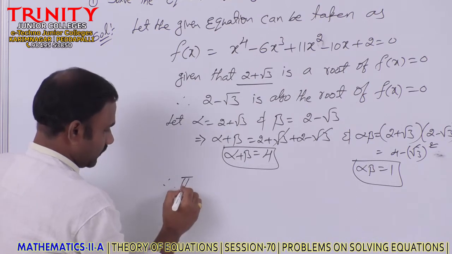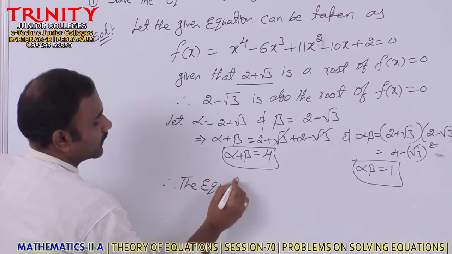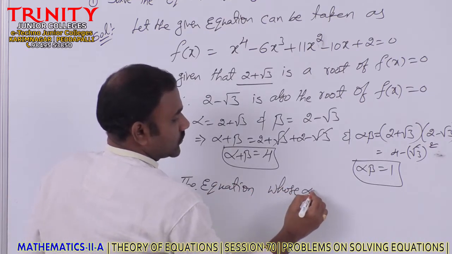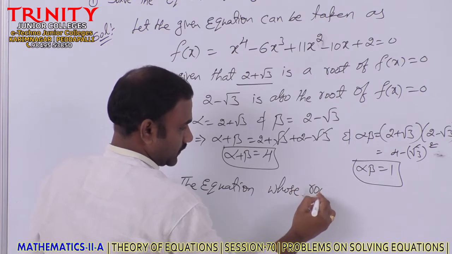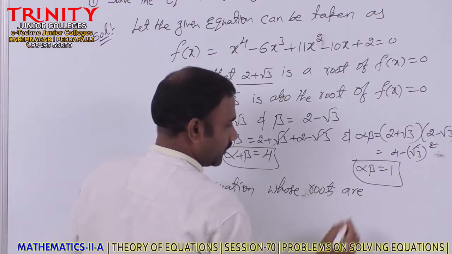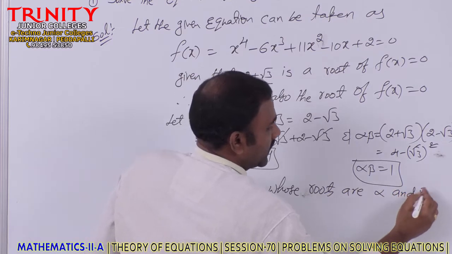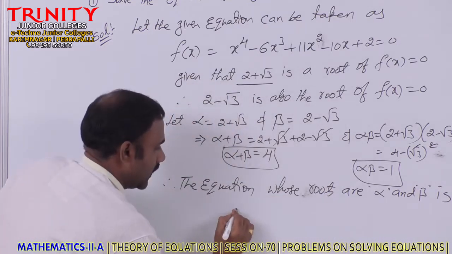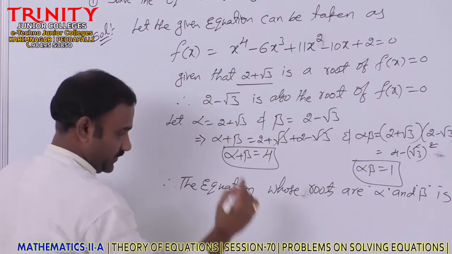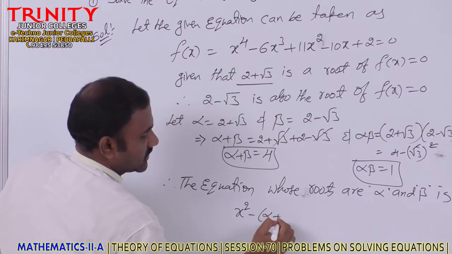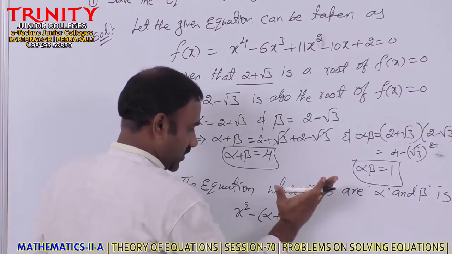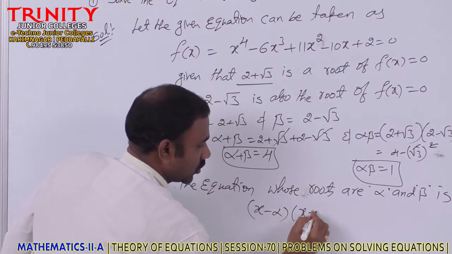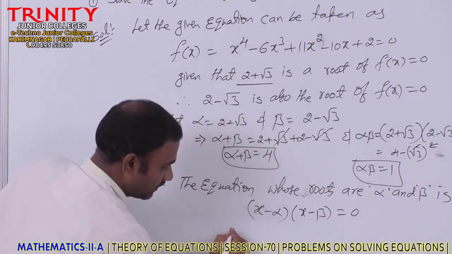Therefore, the equation whose roots are alpha and beta is x square, the quadratic equation, minus the sum of the roots, alpha plus beta, into x, or otherwise you can write like this also, x minus alpha into x minus beta equal to 0.